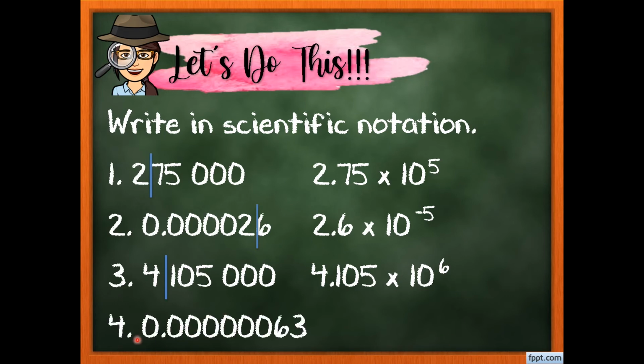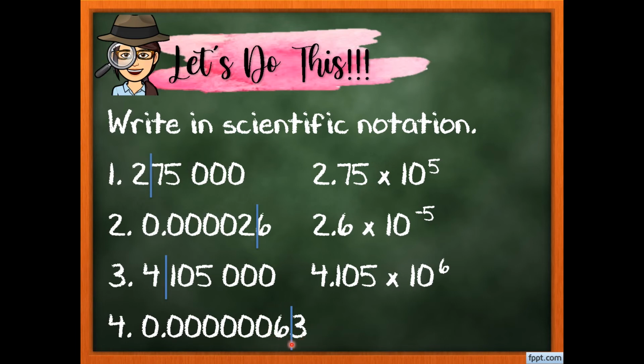Number 4: 0.000000063. Let us write it in scientific notation. So, we will move again the decimal point to the right. So, 1, 2, 3, 4, 5, 6, 7. Then your decimal point is between 6 and 3.